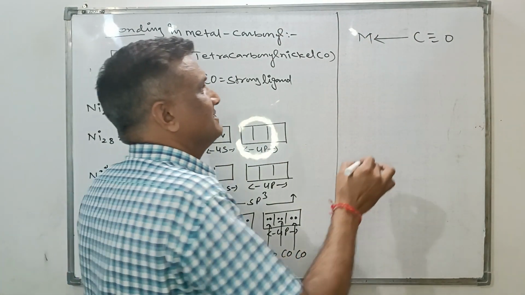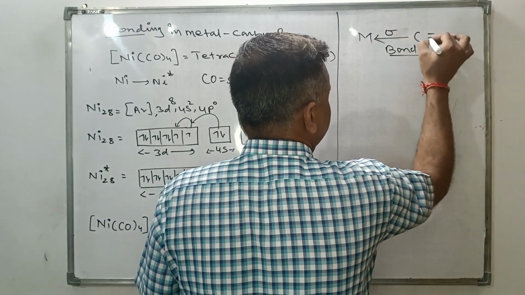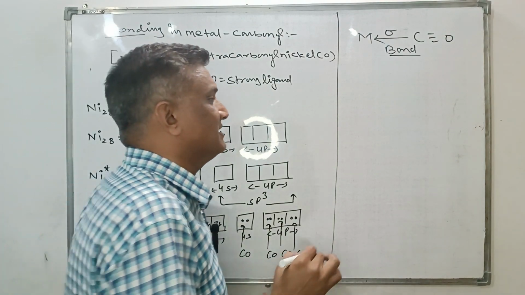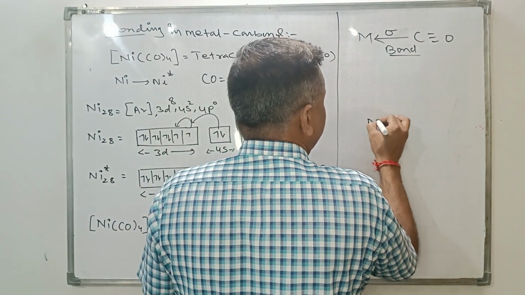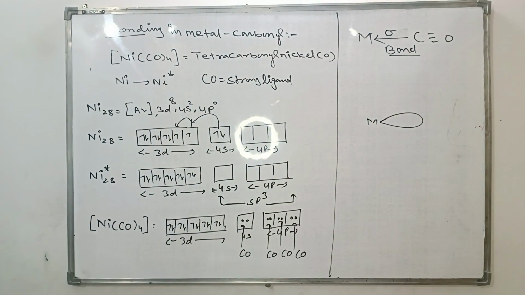So this is the sigma bond, a coordinate bond. If we go with just the metal, this is the metal atom. Here is the vacant orbital, like this you can say.